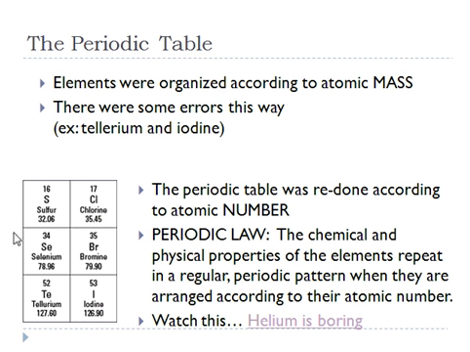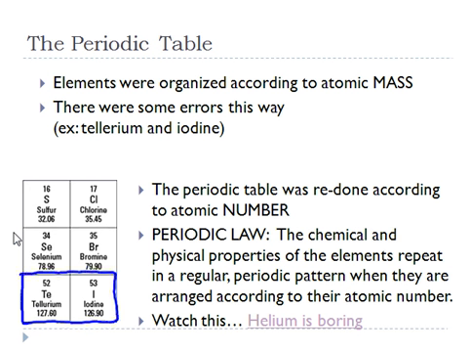So the modern periodic table, like I said before, he organized all these elements according to their mass, but there were some errors this way. If you look at tellurium and iodine, they're number 52 and 53 on the periodic table as we know it today. So here they are down here.